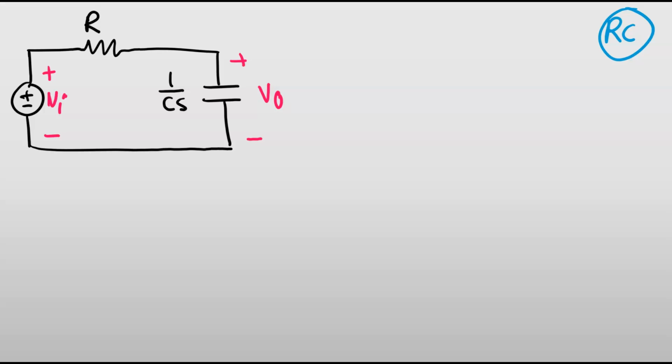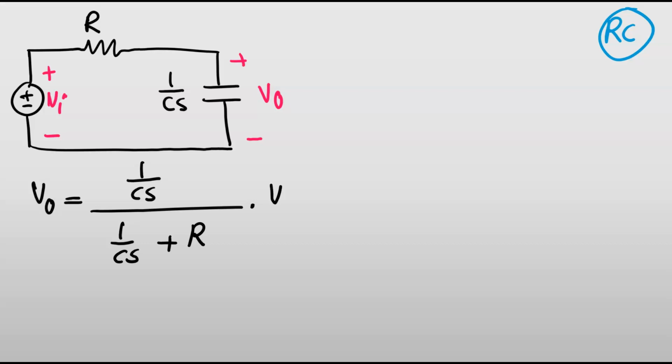So VO of S would be 1 over CS divided by 1 over CS plus R, multiplied by my input voltage. So what I have here is basically a voltage divider.